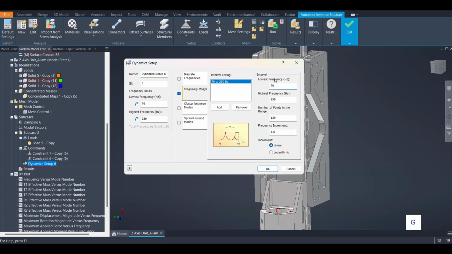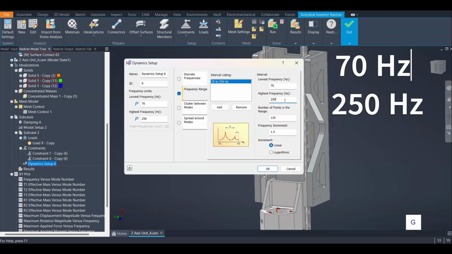So I got the lowest frequency that I want to evaluate. This one can be the same as in here, the frequency limits, or it can be a little bit higher, but not lower. Then you have the highest frequency, which in mine is matching, but you can have it below the highest frequency, of course.